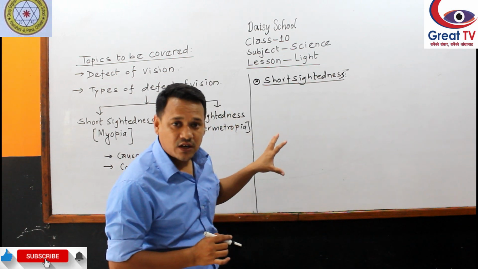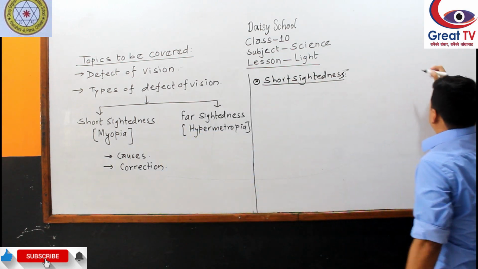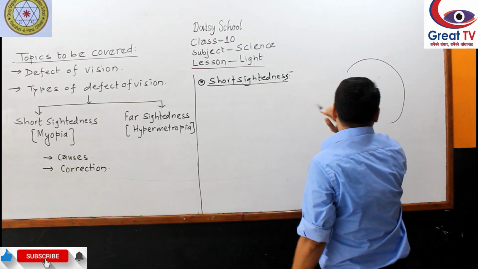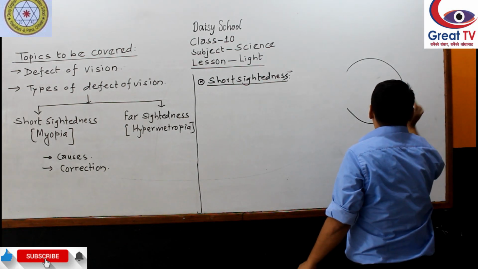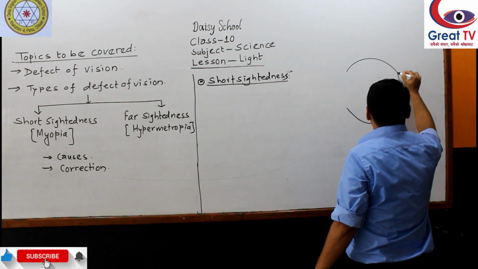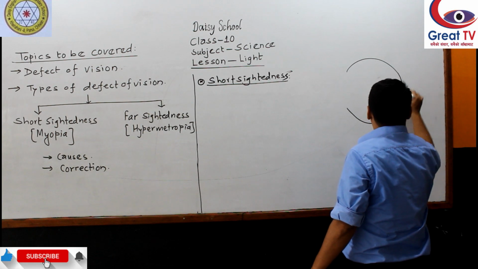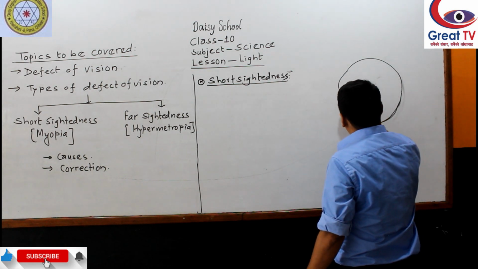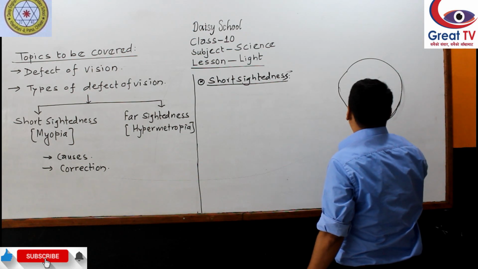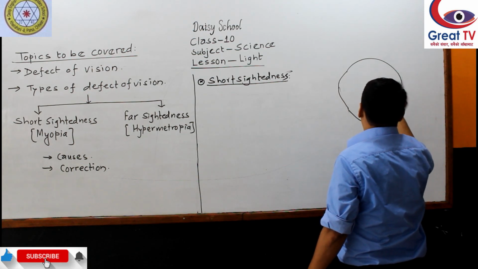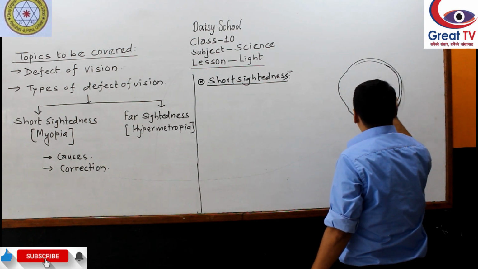Now, for short-sightedness, what type of figure do you have to draw? Look here. Let's draw the diagram of the human eye, a simple sketch of the human eye that you can draw.